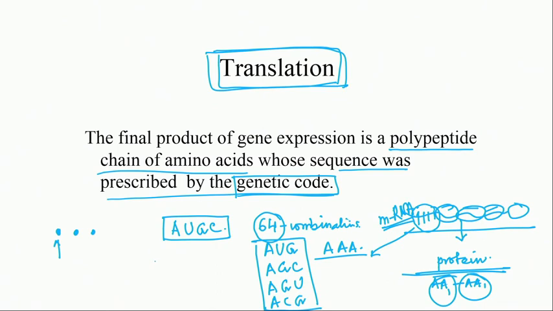The second position also has 4 possibilities, because you can have repetitions. And for the third position you also have 4 possibilities. So, the total number of possibilities is 4 into 4 into 4, that is 4 cube, which becomes 64. So, these 3-letter codes actually code for a particular amino acid.